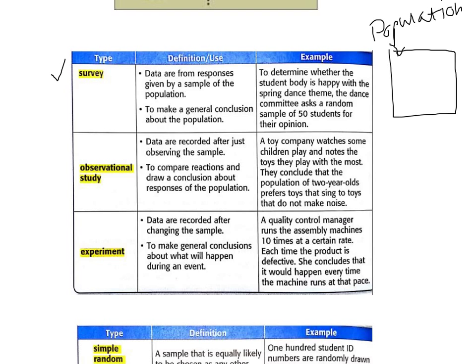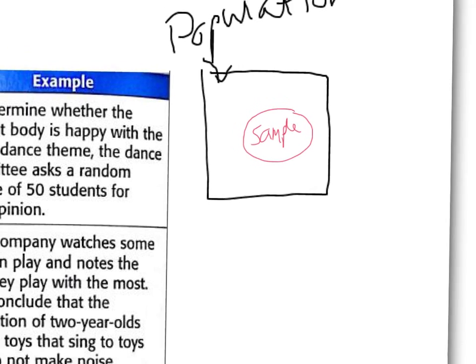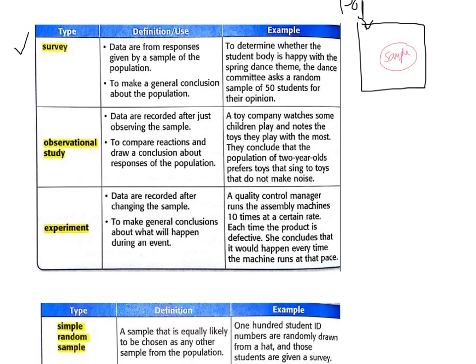When we take a little piece of that, that's called a sample, just like the picture we just looked at. Taking a piece of information out, and from that sample, we'll decide what we think the big picture looks like. So when we give a survey, we're getting a sample of the population. Now that's something very typical, and you're very familiar with that.